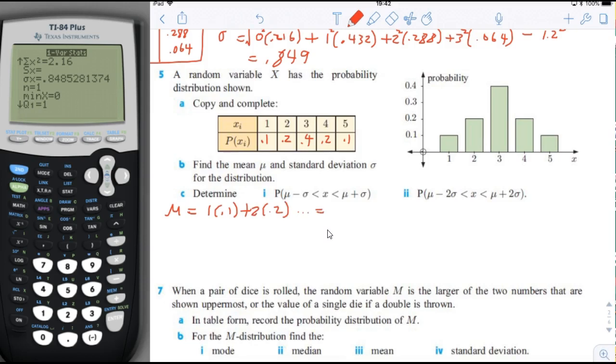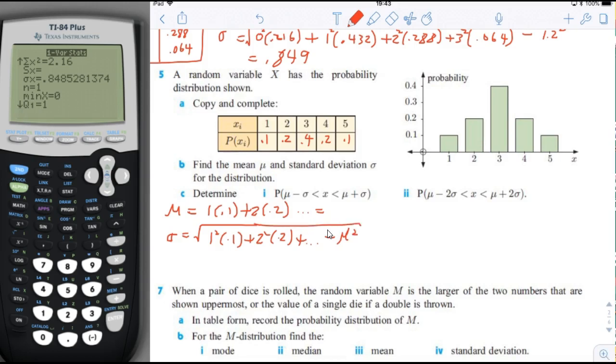And for standard deviation, you're going to have a square root, and you're going to have 1 squared times 0.1 plus 2 squared times 0.2 plus dot, dot, dot, and in the last position, you're going to subtract out the mean squared.